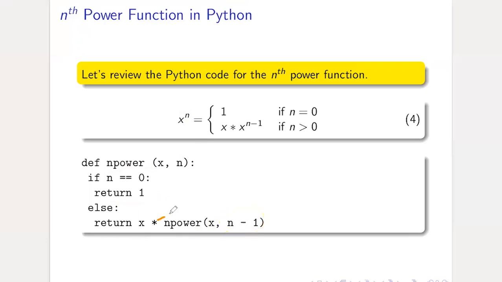And when that result is returned to you, multiply that with the x value and return the full value as your result, as shown here in the recursive case.